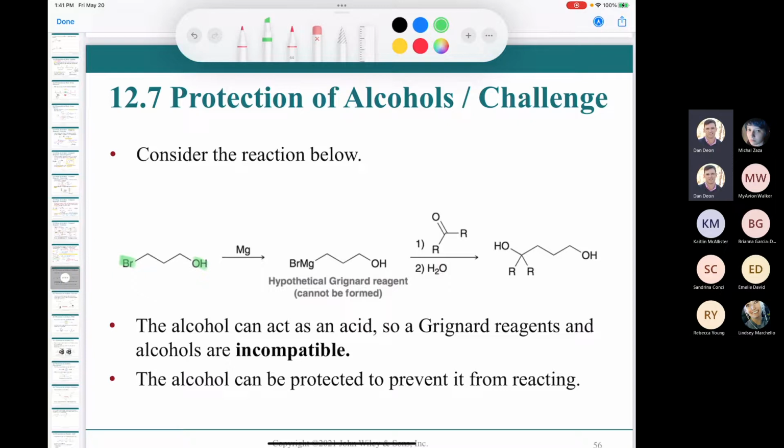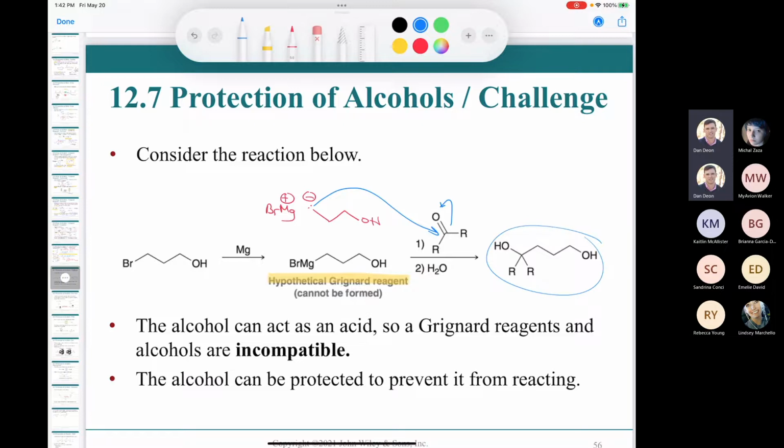Now, if you were to take that and treat it with magnesium and form this hypothetical Grignard reagent that cannot be formed, this is not reality, but just imagine if you could, then that Grignard reagent could also be drawn in this way. I'm just redrawing it, showing the charges, and then that's going to act as a nucleophile like this, and then we could protonate it to get this product.